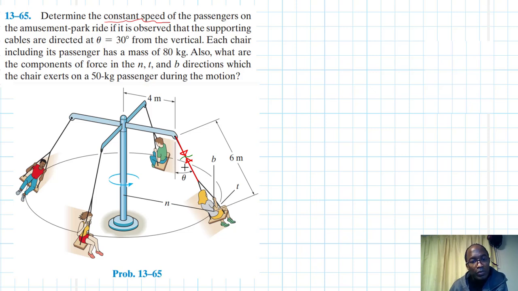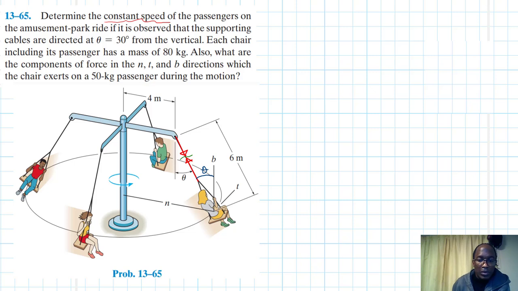We've been given the angle with the vertical, which is theta equal to 30 degrees, and this angle is in the NB plane. Therefore, this angle here is also equal to theta.